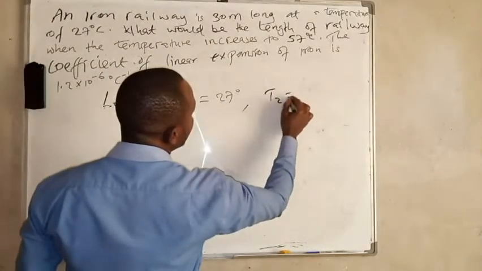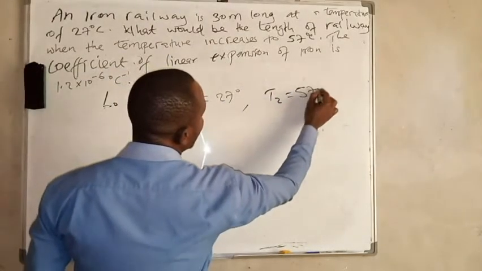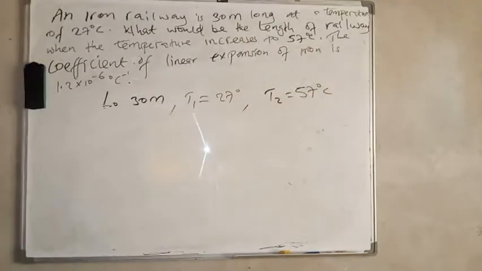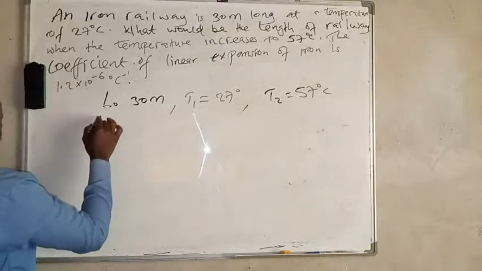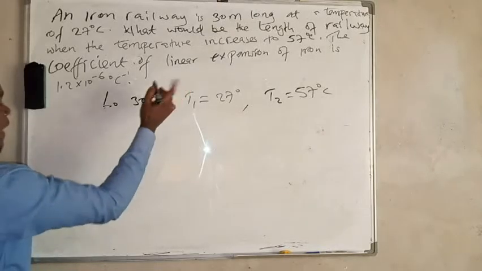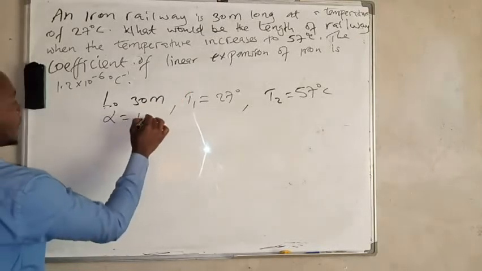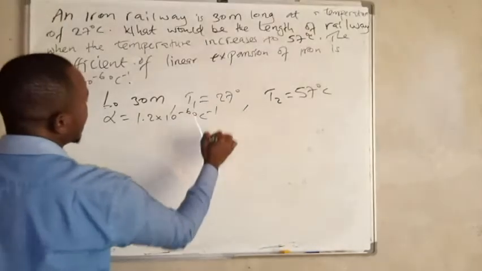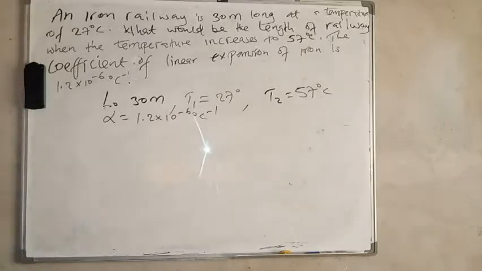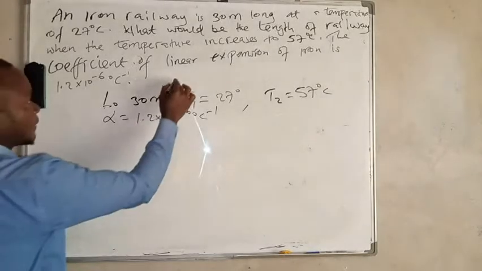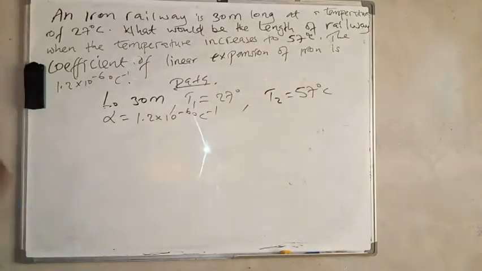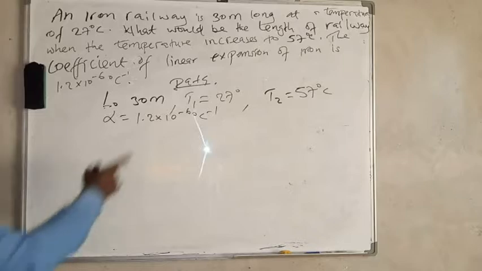So our T2 is 57 degrees Celsius. And then the coefficient of linear expansion is 1.2 times 10 to the power negative 6 per degree Celsius. So this is the data that we have. And what we want to find is the length of a railway when the temperature increases.